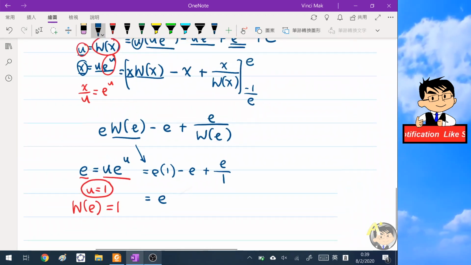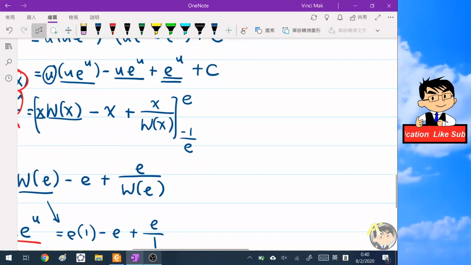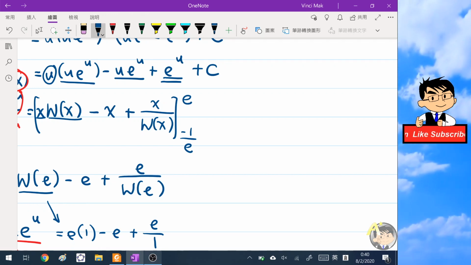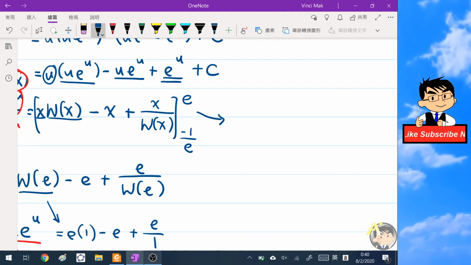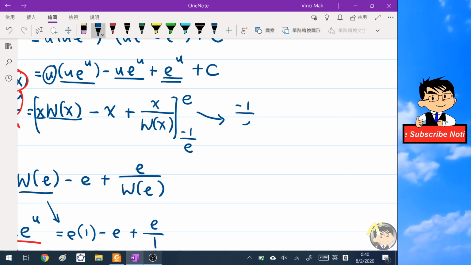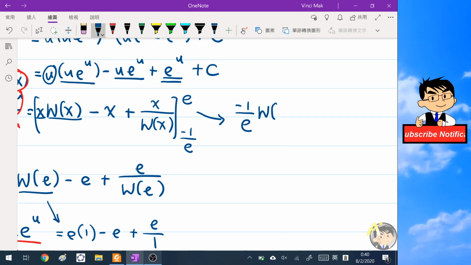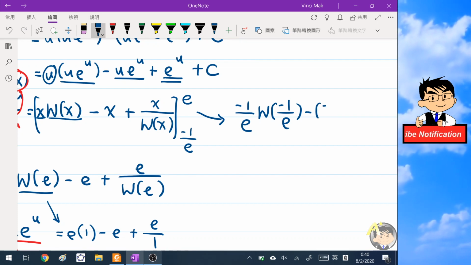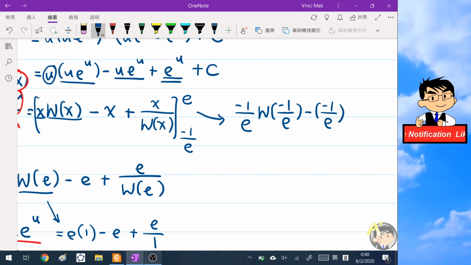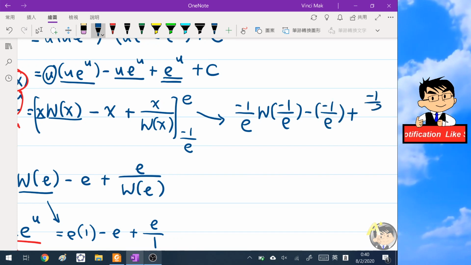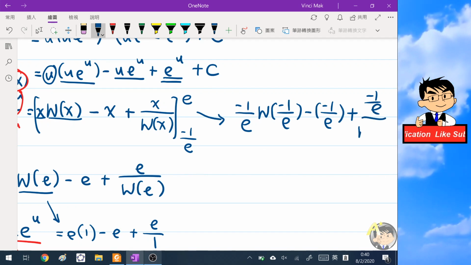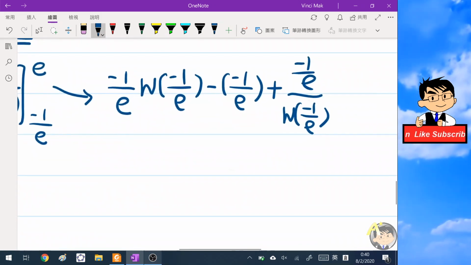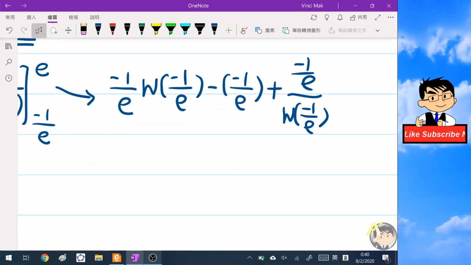So we can do the second part. And we need to substitute x into the expression. So we do the lower limit, which is negative 1 over e: negative 1 over e times the Lambert W function of negative 1 over e, minus negative 1 over e, plus negative 1 over e over the Lambert W function of this guy. Whoa, so many negative 1 over e.